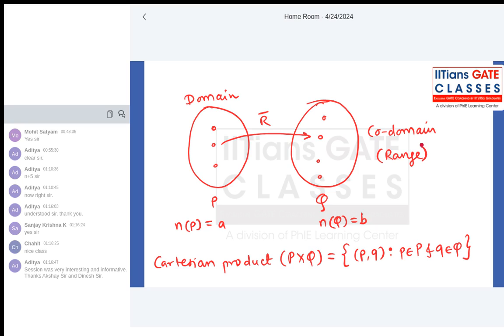There is an important difference between codomain and range, but this is the typical standard way of representing relations.